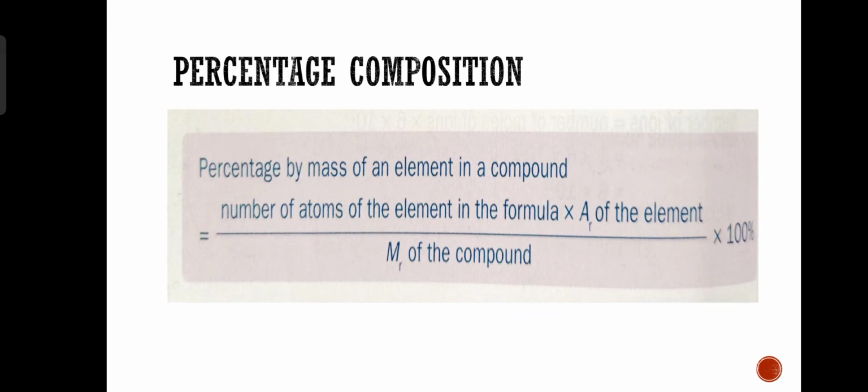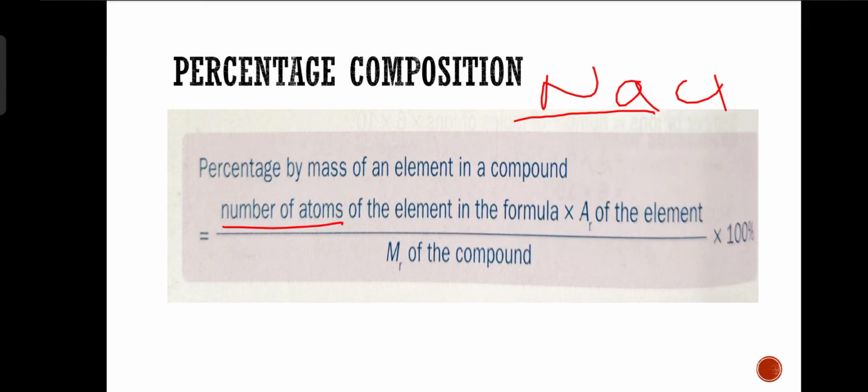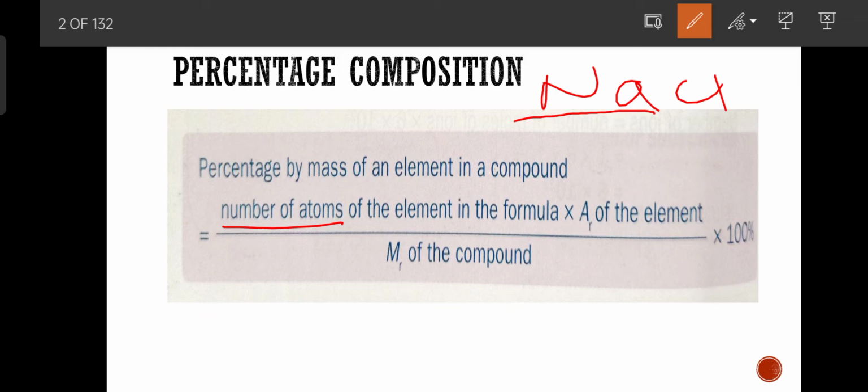Let's consider the example of sodium chloride. The formula of sodium chloride is NaCl. We are going to find the percentage composition of sodium in sodium chloride. The number of atoms of sodium is 1, so you will put 1 here. 1 multiplied by the AR, the relative atomic mass of the element.